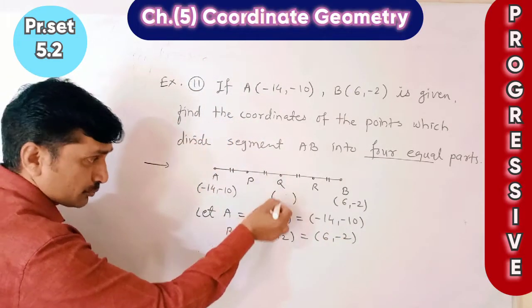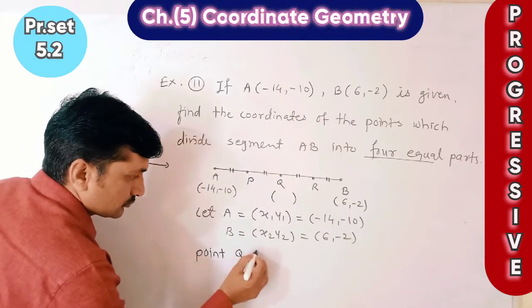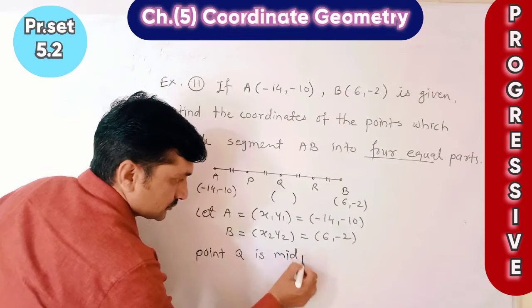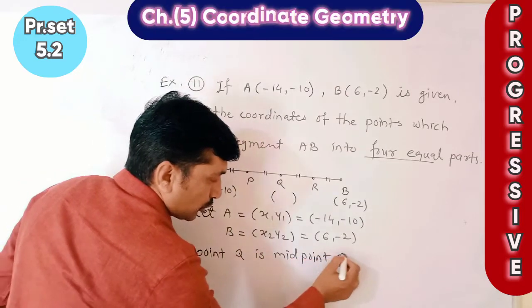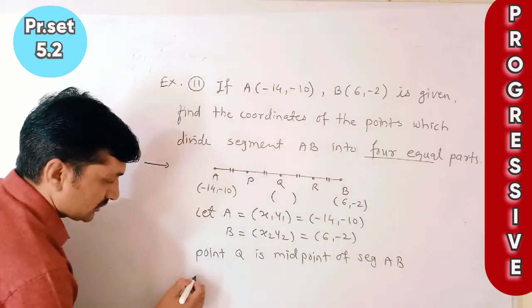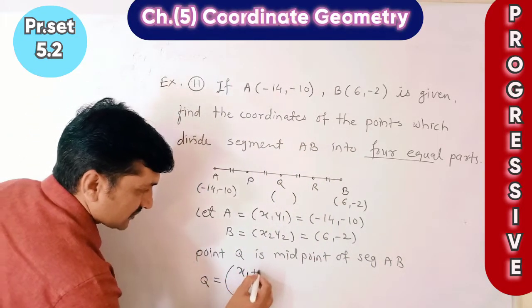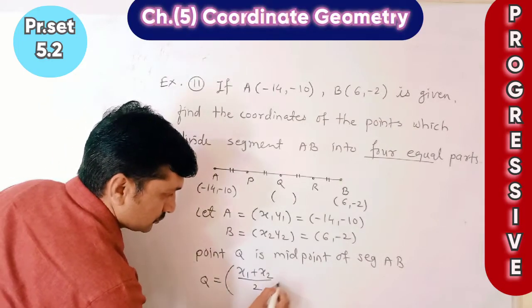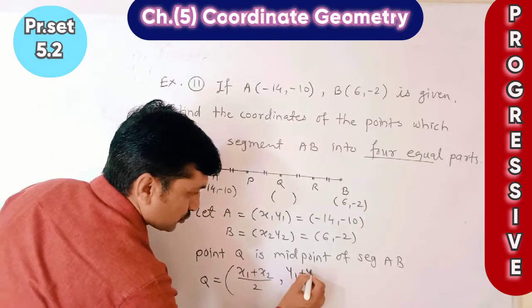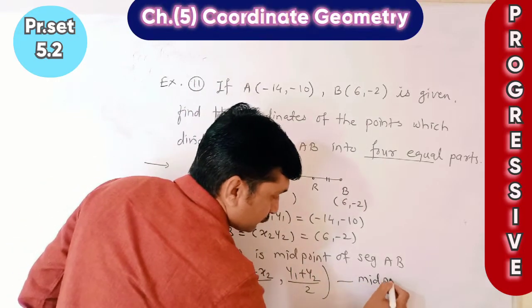Now, for the coordinates of Q, point Q is the midpoint of AB, therefore by the midpoint formula, Q is equal to ((x1 plus x2) upon 2, (y1 plus y2) upon 2).